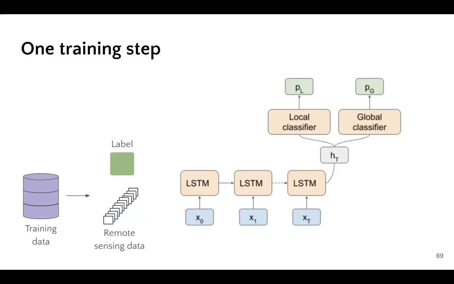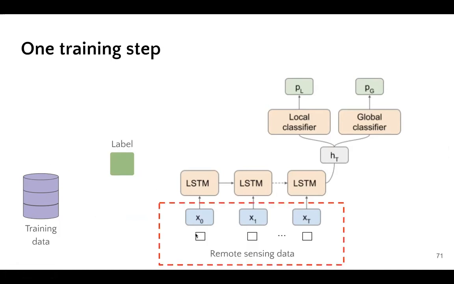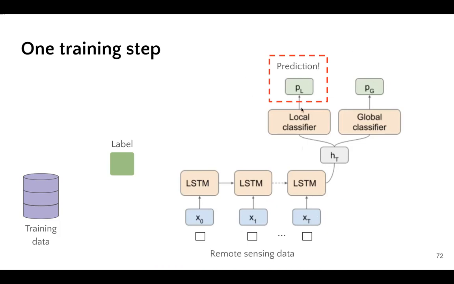It's splitting the label and the remote sensing data, and it's feeding the remote sensing data into the LSTM model. Every white square, which represents a separate month, is going to go into a separate input in the LSTM, and it's going to go all the way through this model and make a prediction.